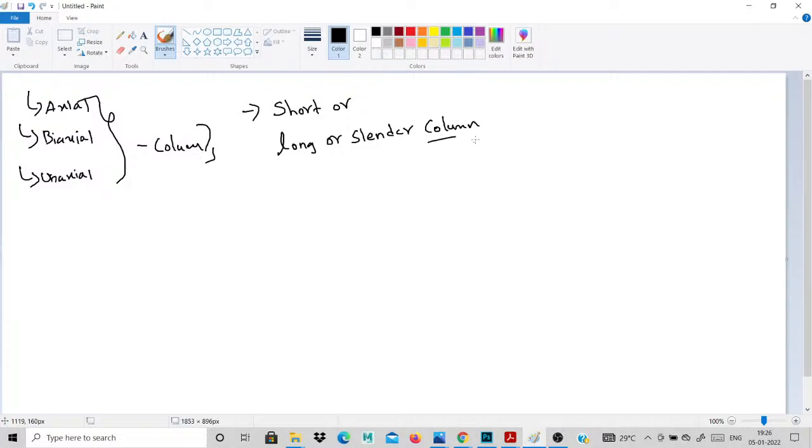The simple procedure: first of all, you identify the length of your column, then calculate the unsupported length, and then go for effective length. I will tell how to calculate the short column or long column for your building. First of all, I calculate the effective length and slenderness.